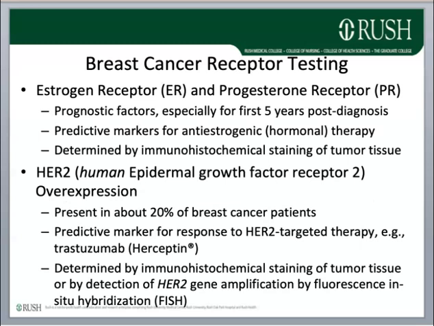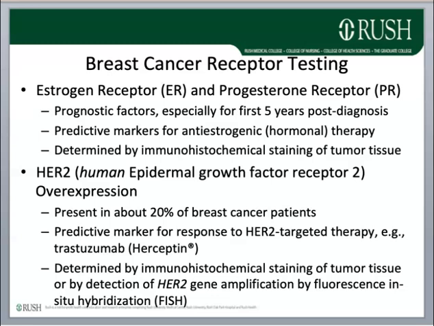Estrogen and progesterone receptors are prognostic factors, especially for the first 5 years after diagnosis. They're also predictive markers for the appropriateness of anti-estrogenic or hormonal therapy. And we determine ER and PR expression by immunohistochemical staining on tumor tissue.